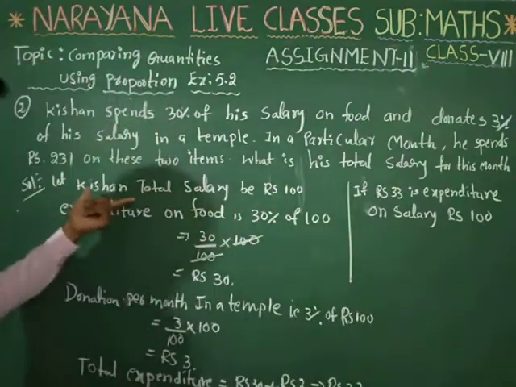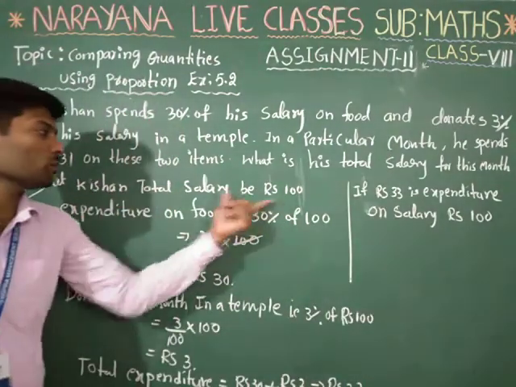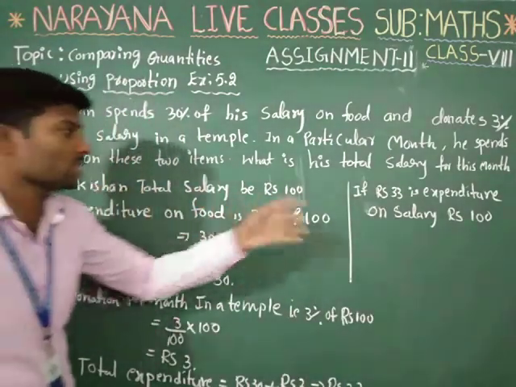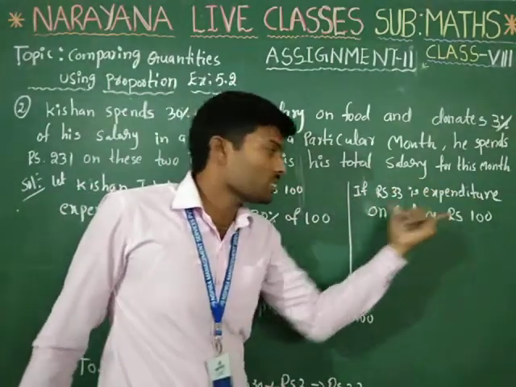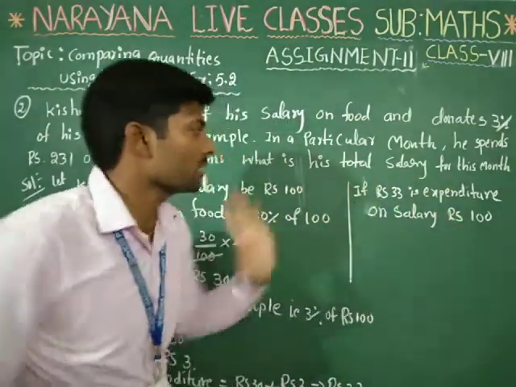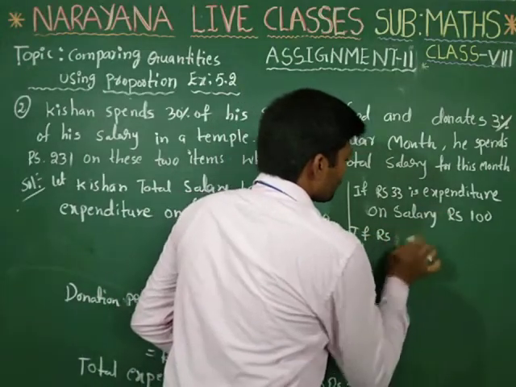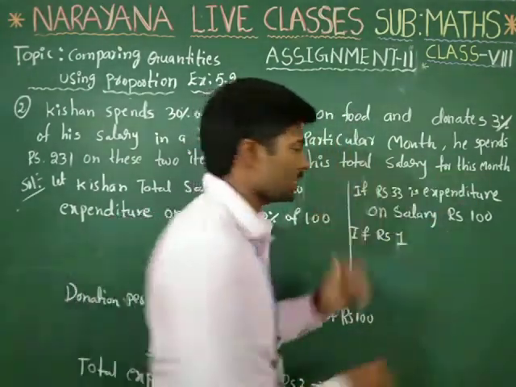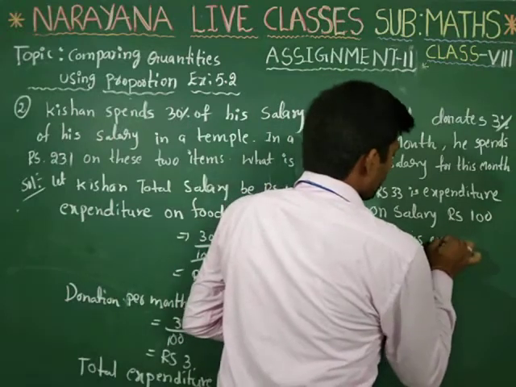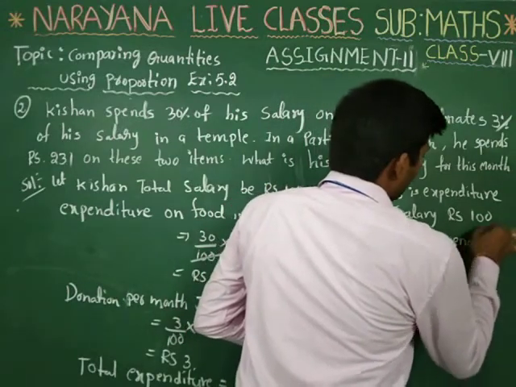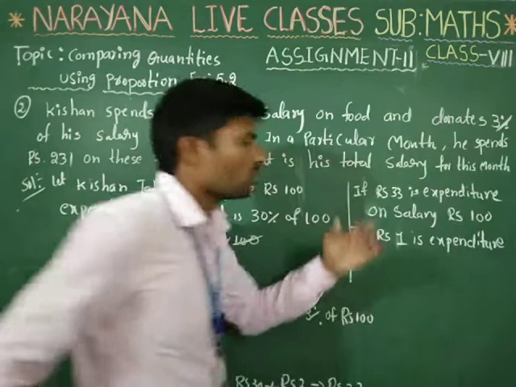So first of all, what we have considered is 100 rupees is the salary of Kishan. So 33 rupees is the expenditure on a salary of 100 rupees. Similarly, if Rs 1 is the expenditure, now what will be the salary?